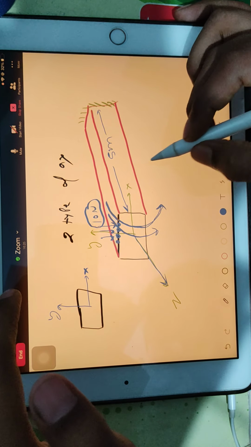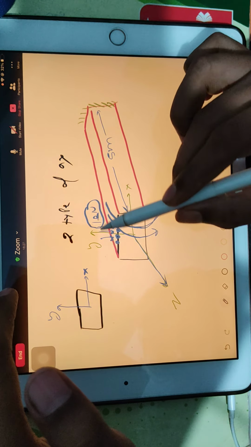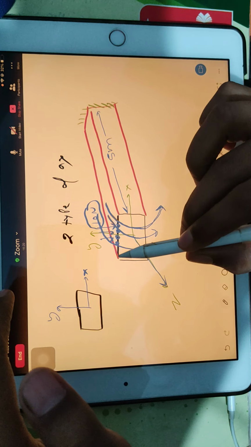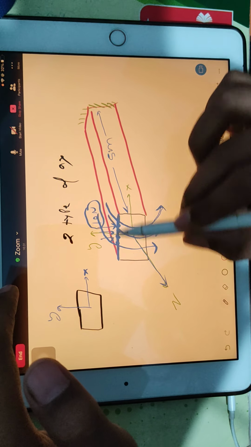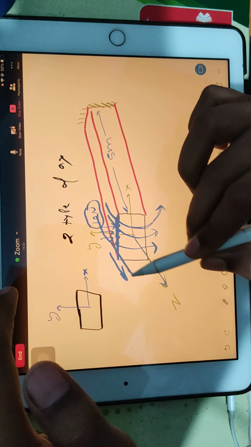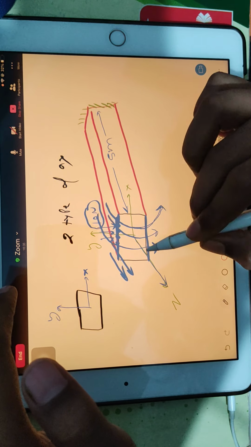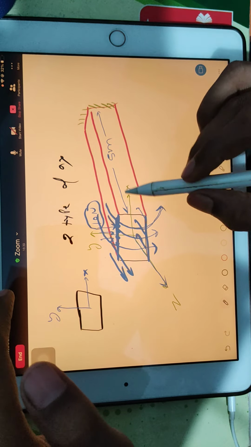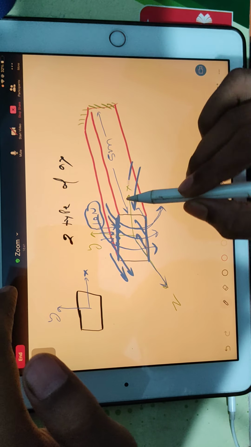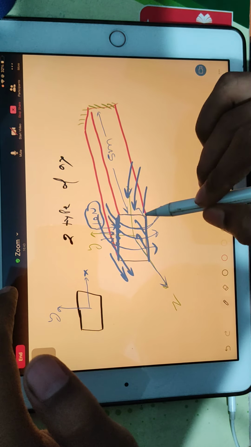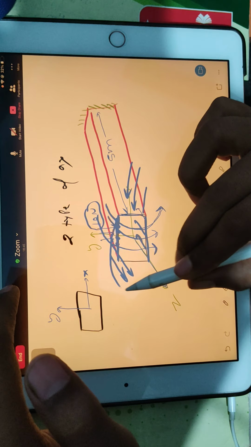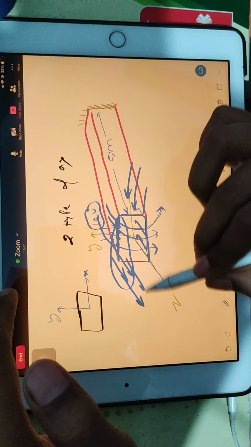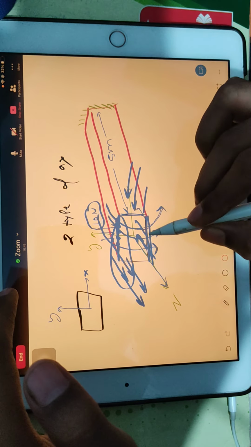Now see, if your beam is bending about this, it means this portion of the beam is going in outward direction and this portion of the beam is going in inward direction. Okay, so it is like, see from the lateral view, see this edge. So now you see these forces are coming out and these forces are going in.